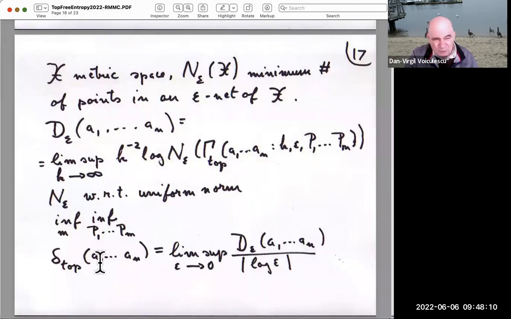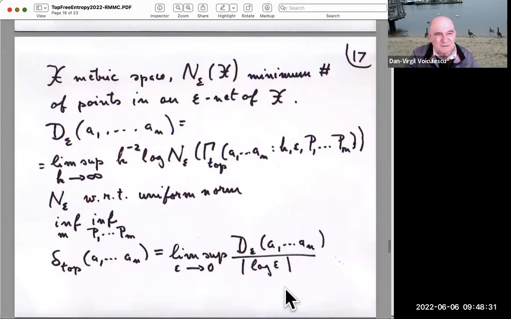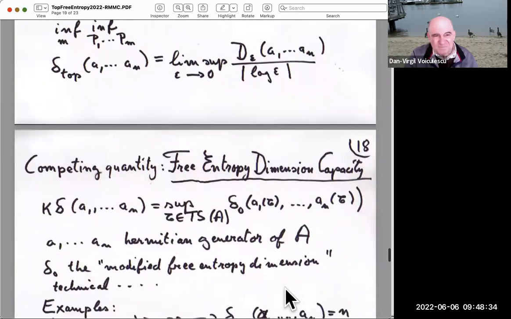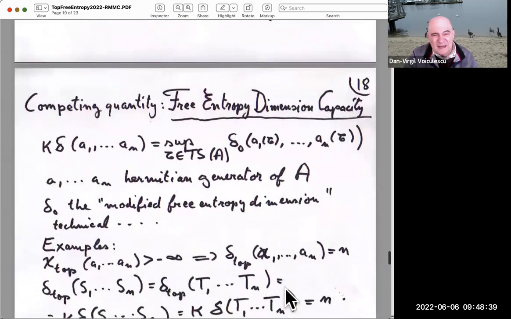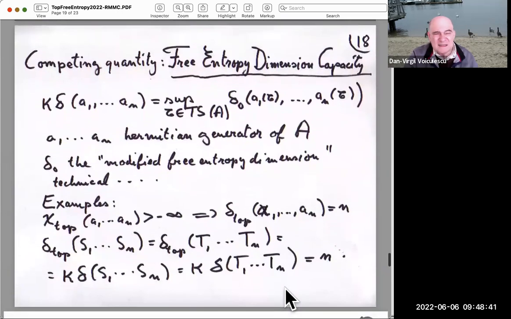And now the topological free entropy dimension is the superior limit, as epsilon goes to 0, of d epsilon of A1, An divided by the absolute value of the logarithm of epsilon. That's the topological free entropy dimension. And there is a competing quantity, which is done like the capacity idea.